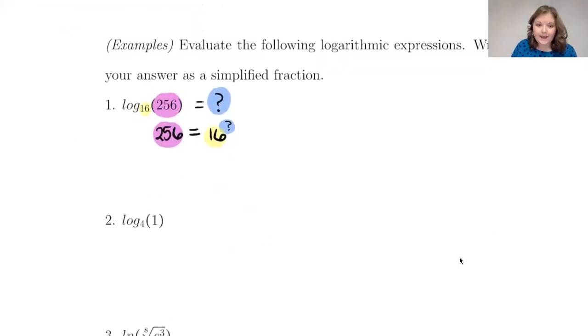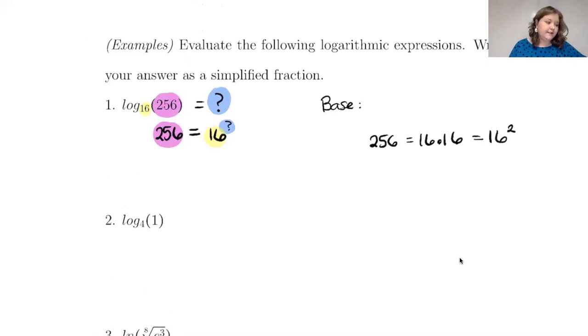So now that we have that, we're going to try to figure out what this question mark is. So before, we would try to find a common base that we can use. So 256 is equal to 16 times 16, which is 16 squared.